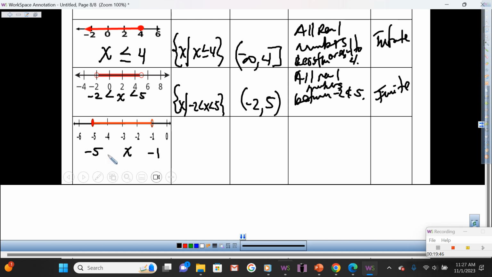So what goes in between here? Less than for both, okay. Which one? The left one? Hands if you got that. That is correct, because this one is an open point, that one right there. So set notation should be the solution set of x such that -5 ≤ x < -1.